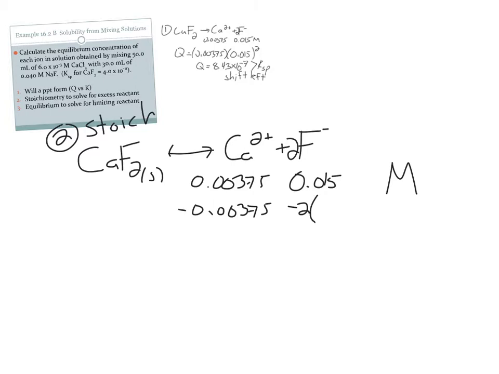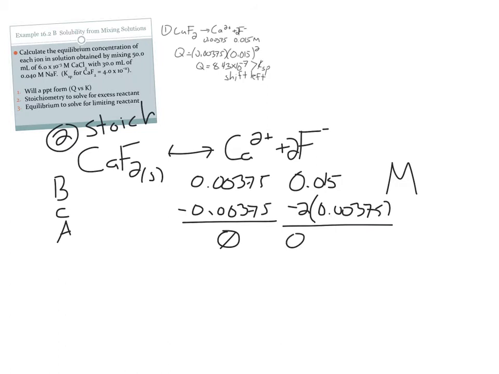So this is a normal stoichiometry problem, and the fluoride is going to go by 2x. This is like a BCA table actually at this point, because we're doing stoichiometry. So 2 times 0.00375. And the calcium is then 0. The fluoride is then 0.0075 molar.